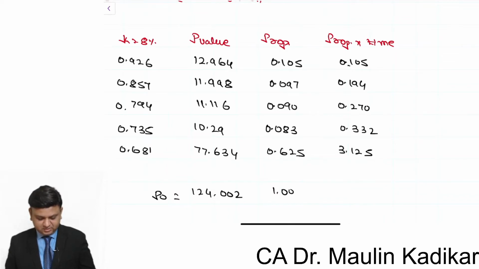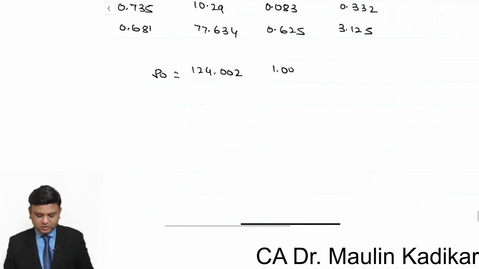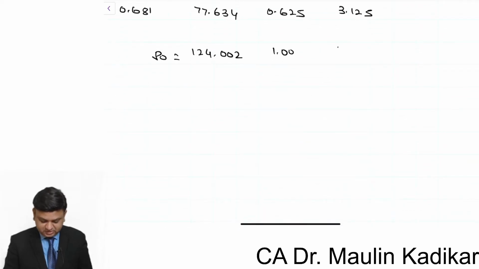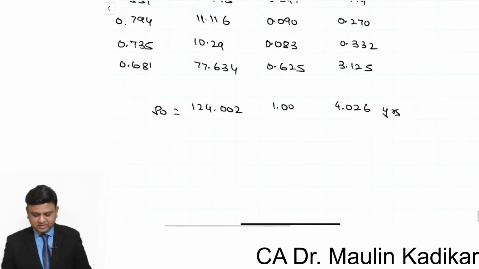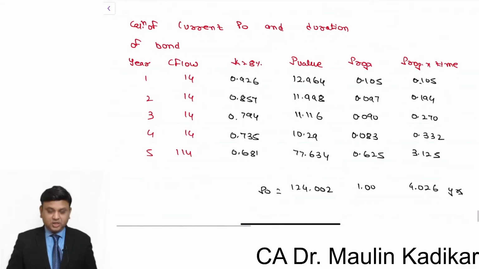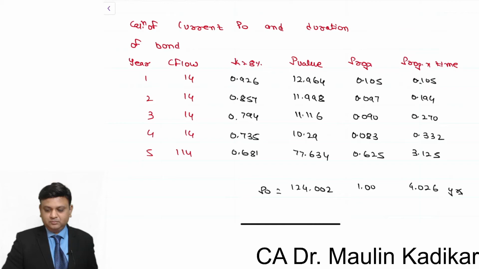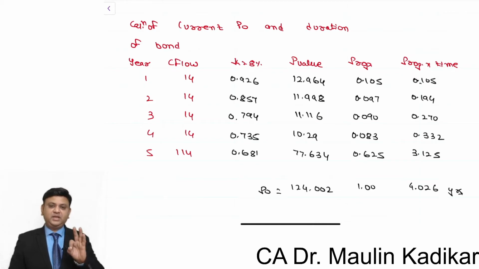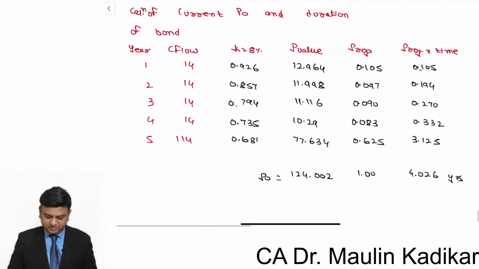Adding 0.105 plus 0.194 plus 0.27 plus 0.332 plus 3.125 gives 4.026 years. That is the way the duration of the security can be calculated along with the P0. Everyone be a little bit careful, that is why we are required to compute the answer to 3 decimals only.